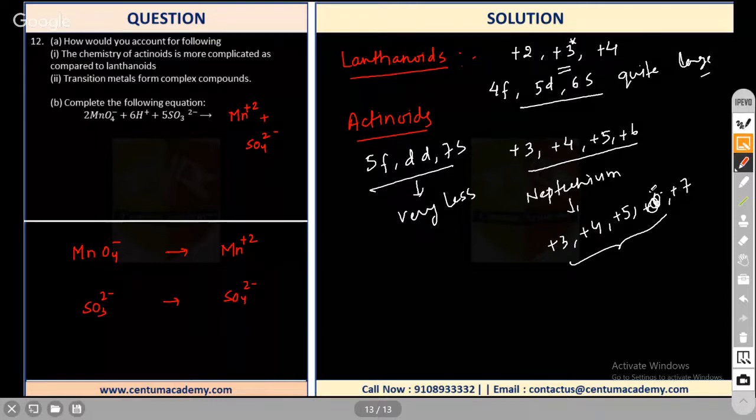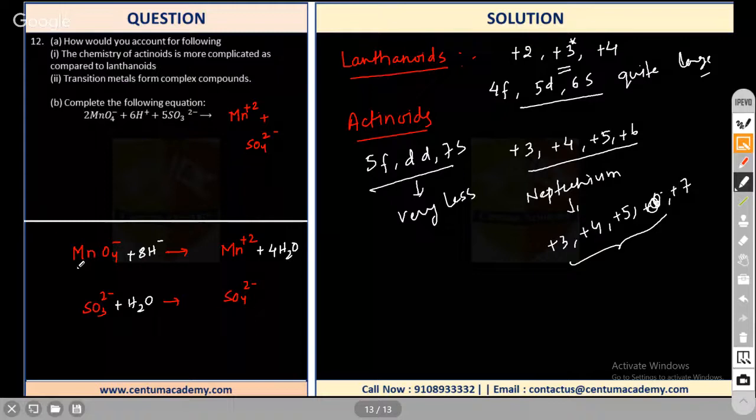The medium is acidic. How do we balance oxygen? By addition of H2O. How many? 4, because we have 4 oxygen here. 4 into 2, 8 hydrogen, so 8 H plus will be added. Sulfur is balanced already. On the other side, 4 oxygen and 3, so we'll add H2O here.